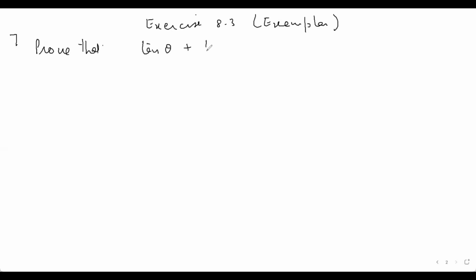Seventh sum of exercise 8.3 of exemplar. The question is prove that tan theta plus tan (90 minus theta) is equal to sec theta sec (90 minus theta).